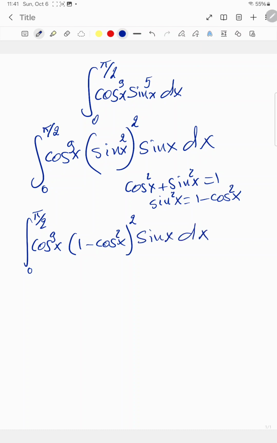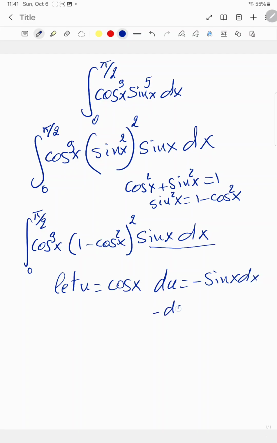And now it becomes clearer for me. I say let u equal cos of x. So my du equals minus sine x dx, but here I have sine x dx, so minus du is equal to sine of x dx. So now let's replace cosine by u.